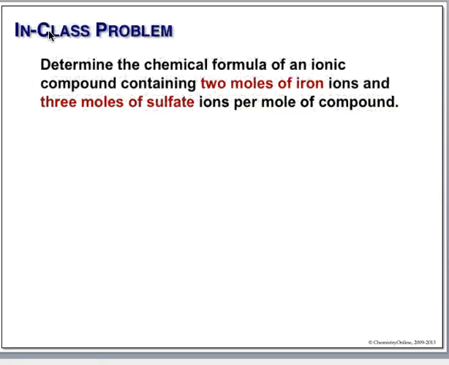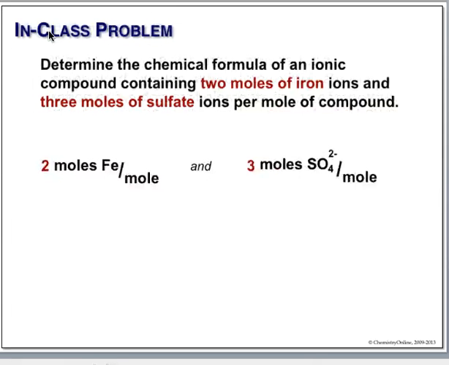All right, very quickly, if I tell you we have something with 2 moles of iron and 3 moles of sulfate, what's the compound? Iron sulfate. Iron 2, sulfate 3. We have 2 moles of iron, 3 moles of sulfate. Remember, sulfate's just a lump.